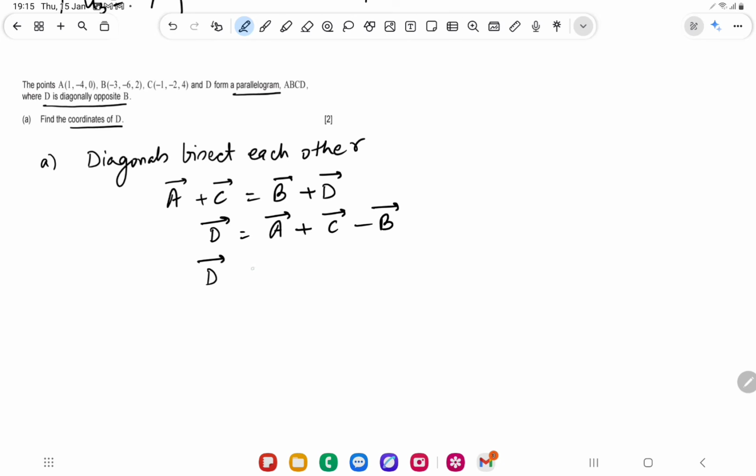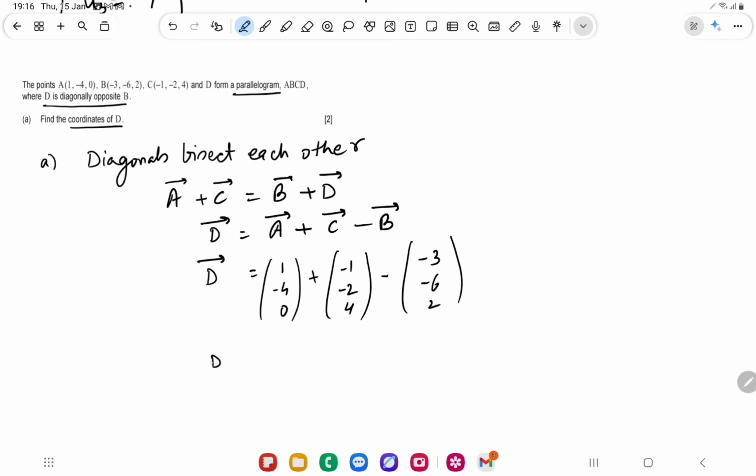So my D will become, A value is 1, minus 4 and 0, C is minus 1, minus 2 and 4, B is minus 3, minus 6 and 2. Now on simplifying this, we will get D as 3, 0 and 2, or I can write my coordinate as 3, 0, 2.